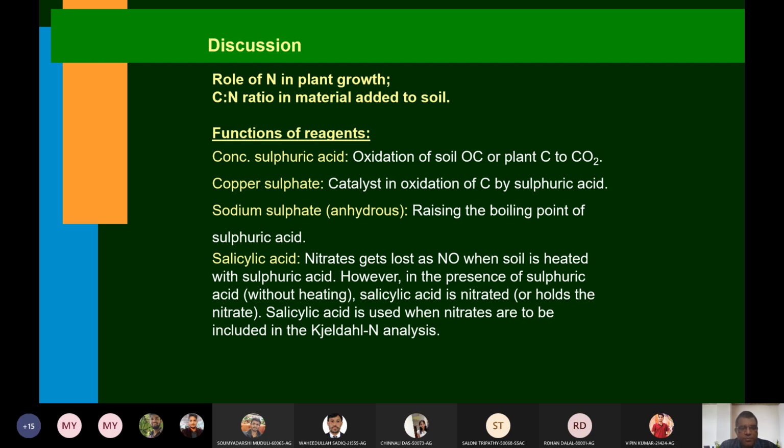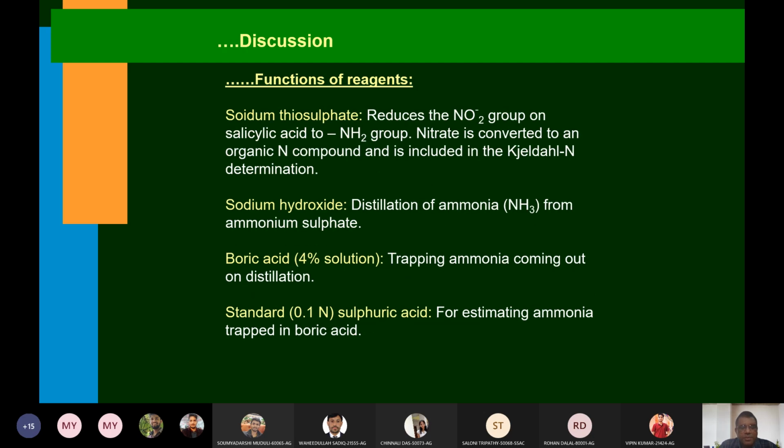Salicylic acid is used when nitrates are to be included in the Kjeldahl nitrogen analysis. Similarly, sodium thiosulfate, only for total nitrogen in soil, reduces the NO2 group on salicylic acid to the NH2 group. So it reduces the nitrate into ammonium. Sodium hydroxide is for distillation of ammonia from ammonium sulfate.